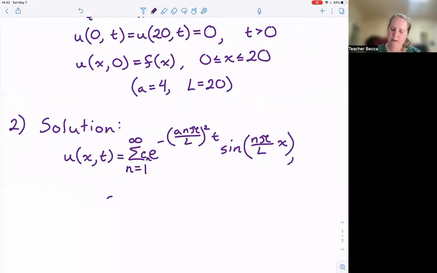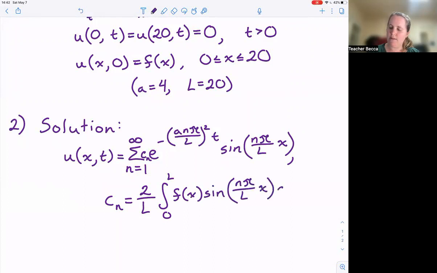And our c sub n is equal to 2 over L times the definite integral from 0 to L of f of x times sine of n pi over L x dx.